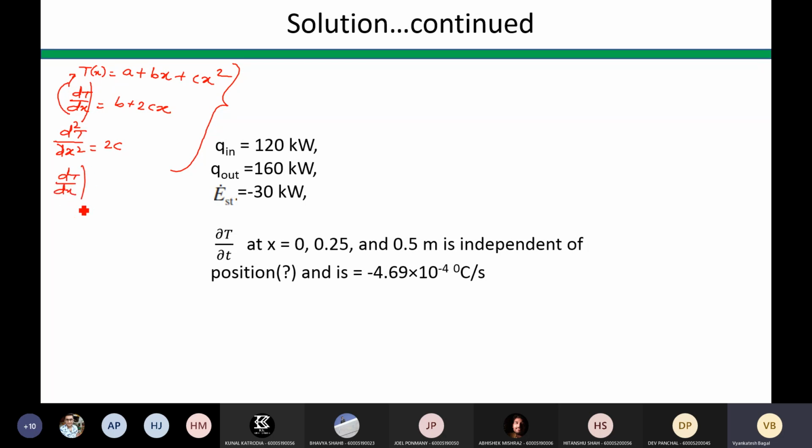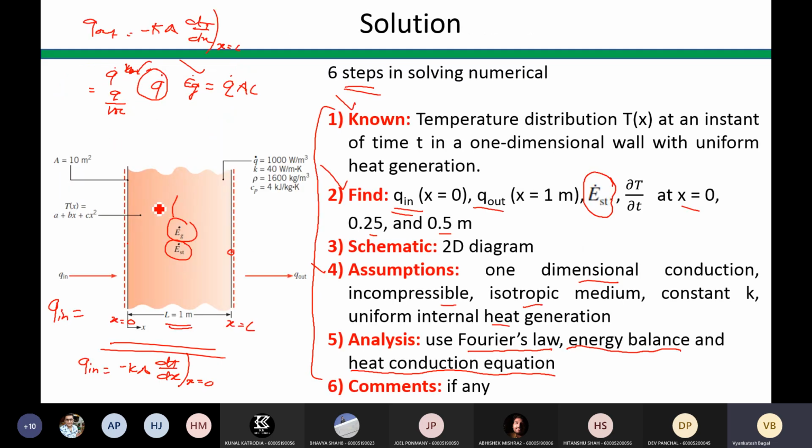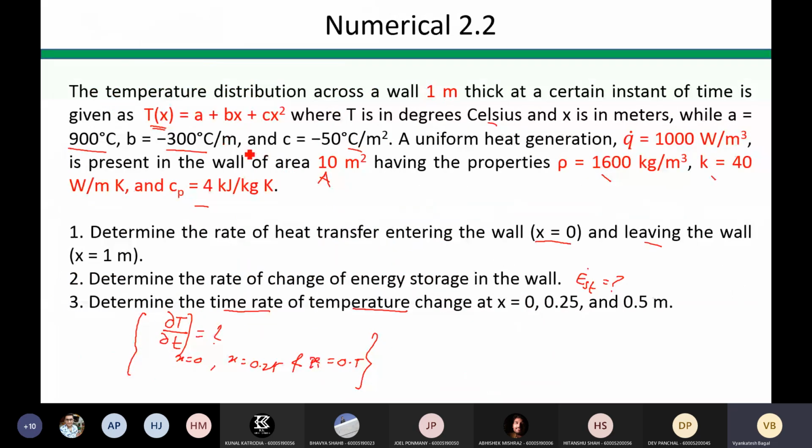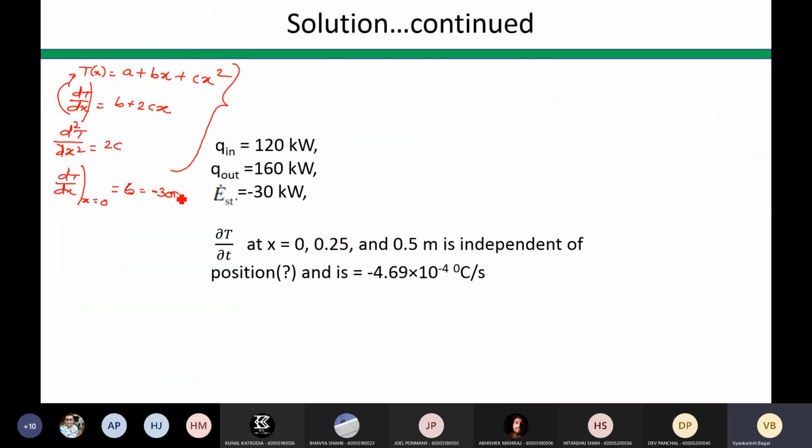So this dT/dx at x equal to 0 will be equal to b. So whatever value of b is given, minus 300. Value of b is given here, minus 300, right? That minus 300 value. Then you can also find out what is dT/dx at x equal to L.